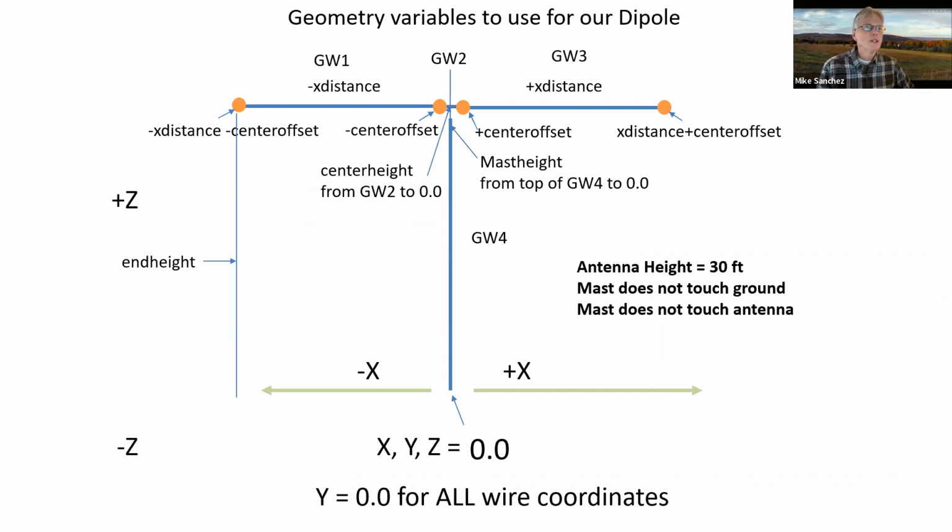in the following way. So NEC 2 does not support parts of the antenna being in contact with the ground, or below the ground, period. NEC 4 does do that, but NEC 2 does not.